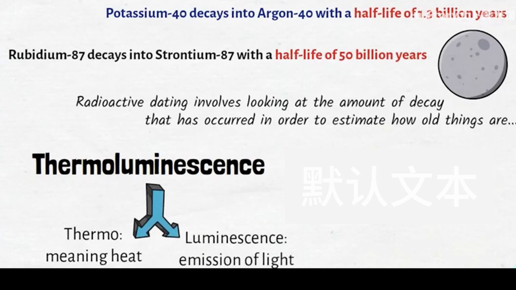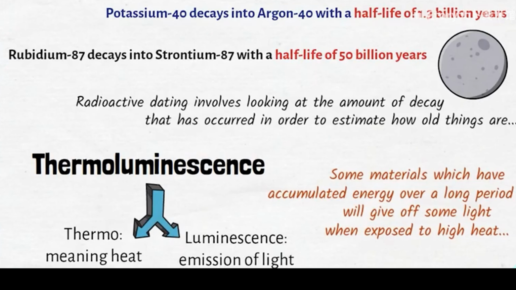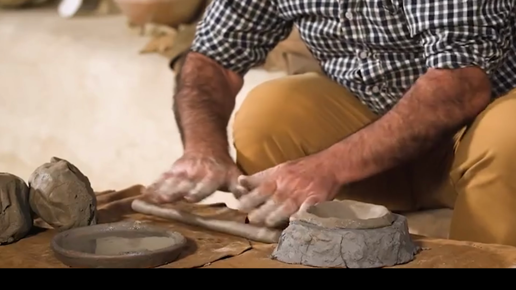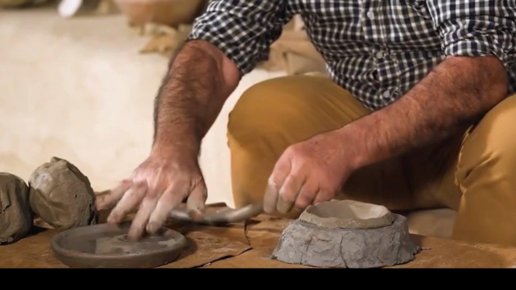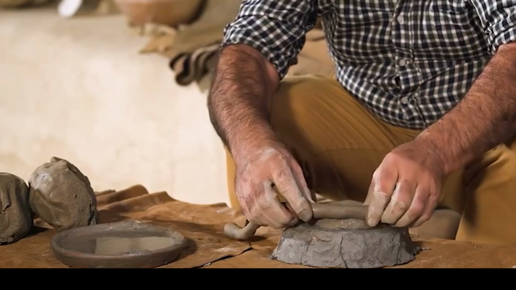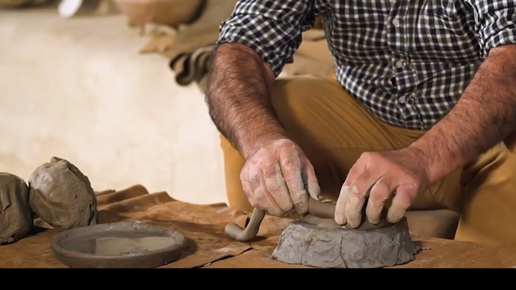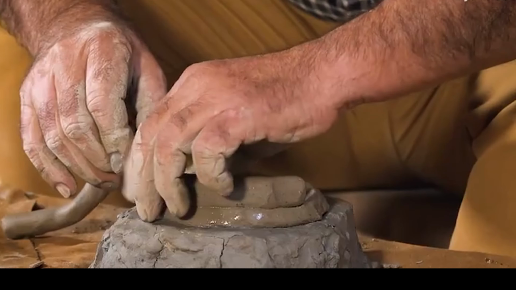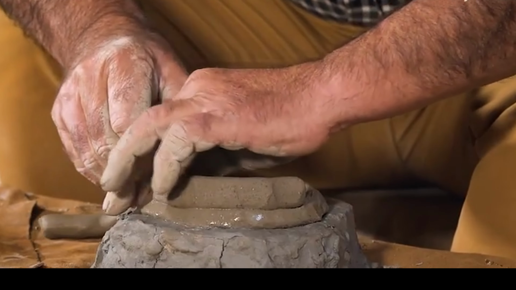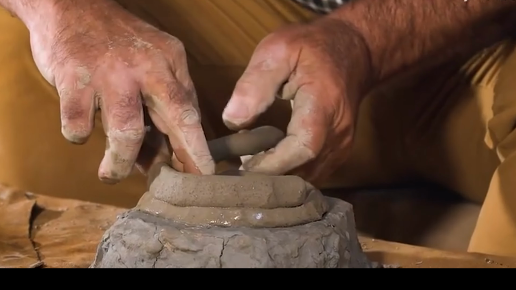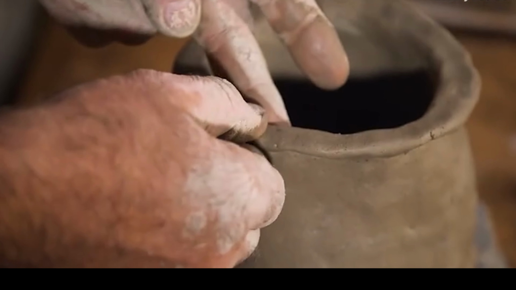Insulating crystalline solids, such as the clay used in pottery, contain trace amounts of radioactive substances. When subjected to high temperatures, these substances produce a phenomenon called thermoluminescence, where high temperatures cause the object to release all the stored radioactive energy and then slowly accumulate energy again. The older the age, the more energy accumulated.